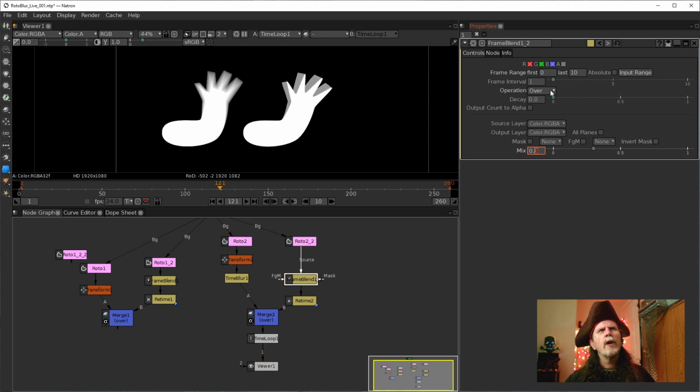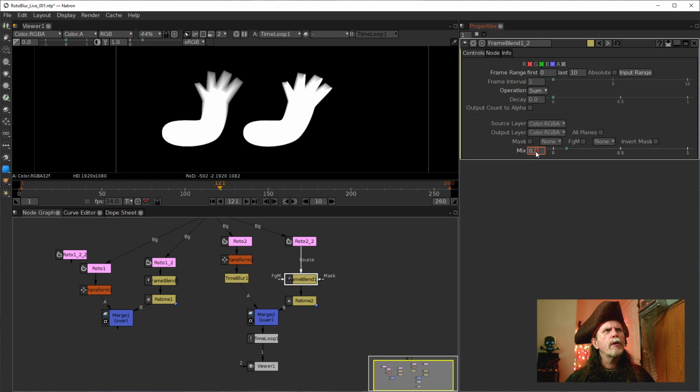By mixing it down, we can cause these to blend and get more interesting results. So we'll take it and look at the minimum. There we go, we get some interesting ghosting, and then maximum. Then we go to sum, and sum can get a really interesting result.